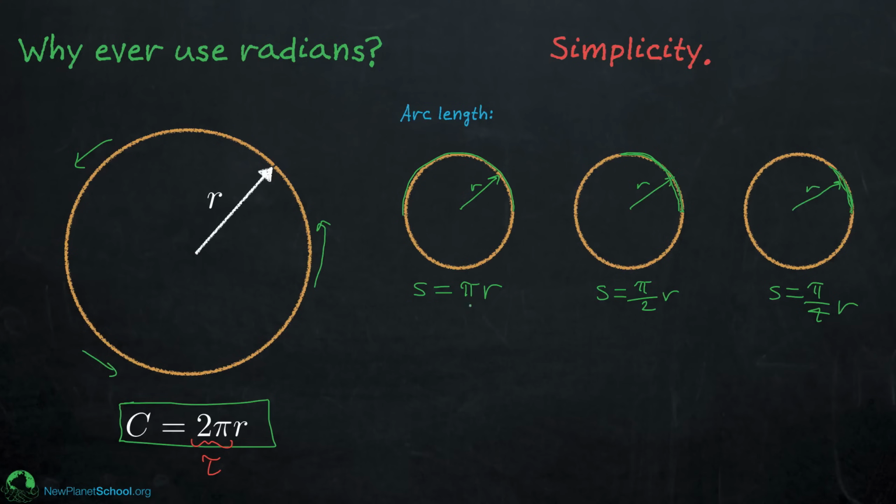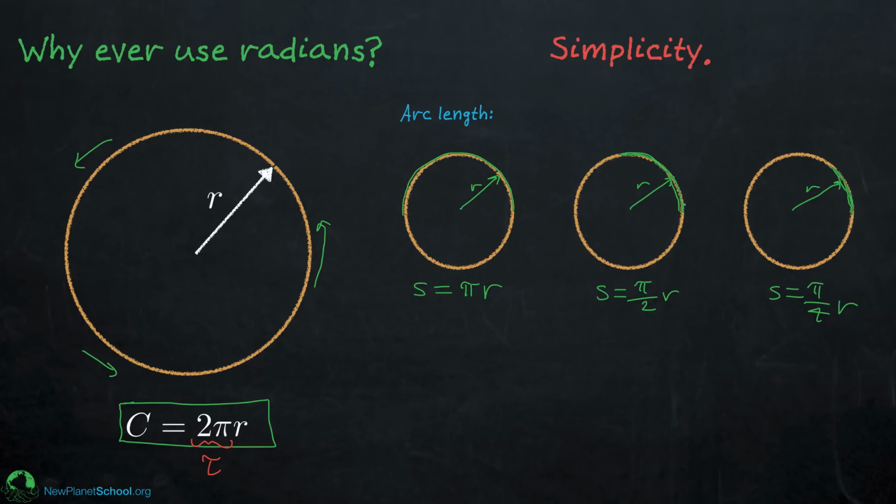And so one of the things you notice when you see this pattern is that the arc length of a circle is given by some factor times r in every case, and that factor is proportional to how far I went around. If I went around half as far, it would be half the value. That prefactor would be half the value.